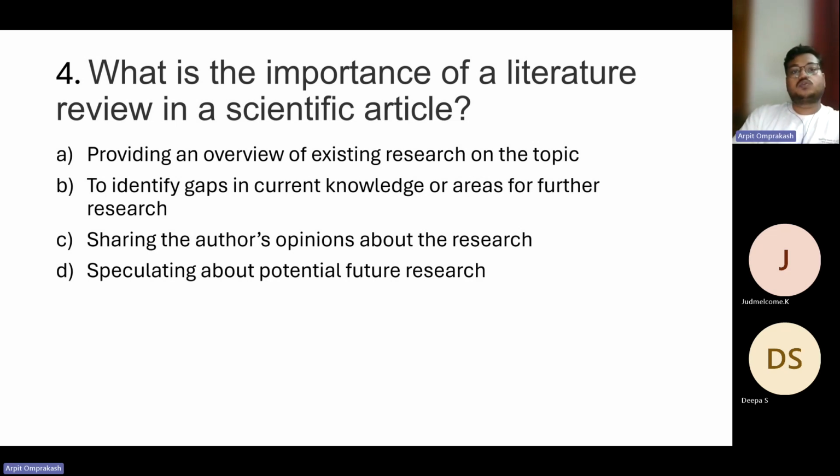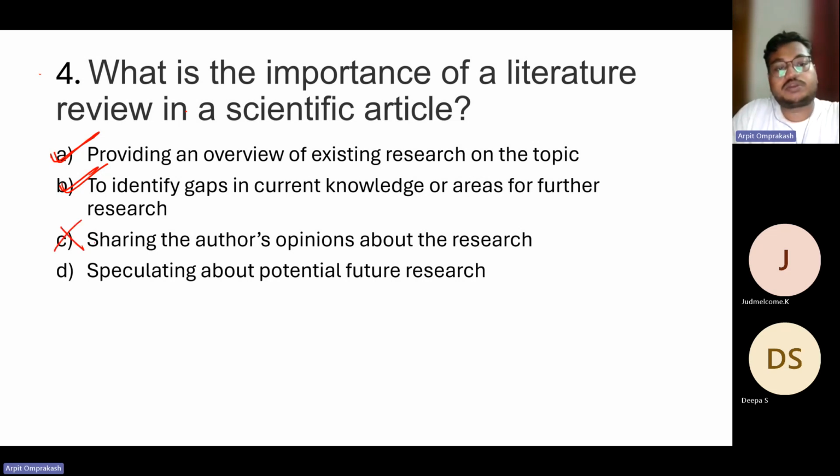Okay. So a review article or a literature review basically provides an overview of what existing research is there on a given topic. It also helps us identify gaps in current knowledge and find out areas where further research can be done. It's not an opinion piece.